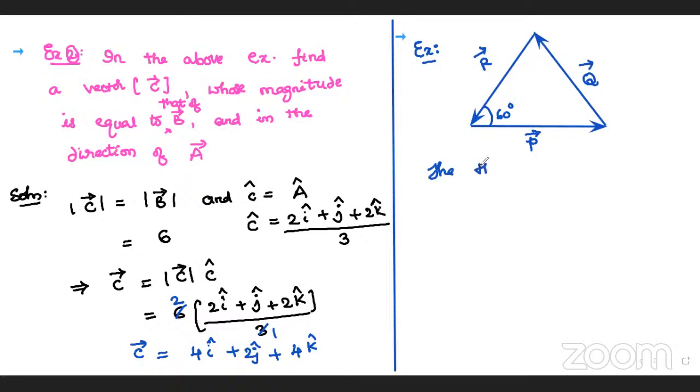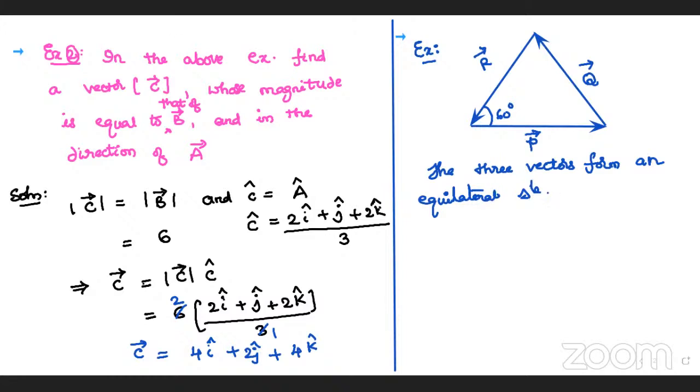The three vectors form an equilateral triangle.